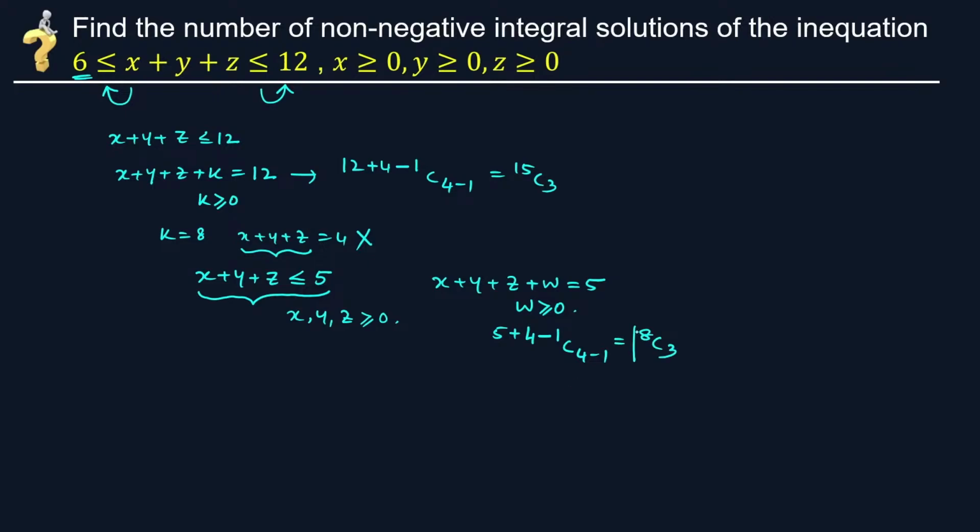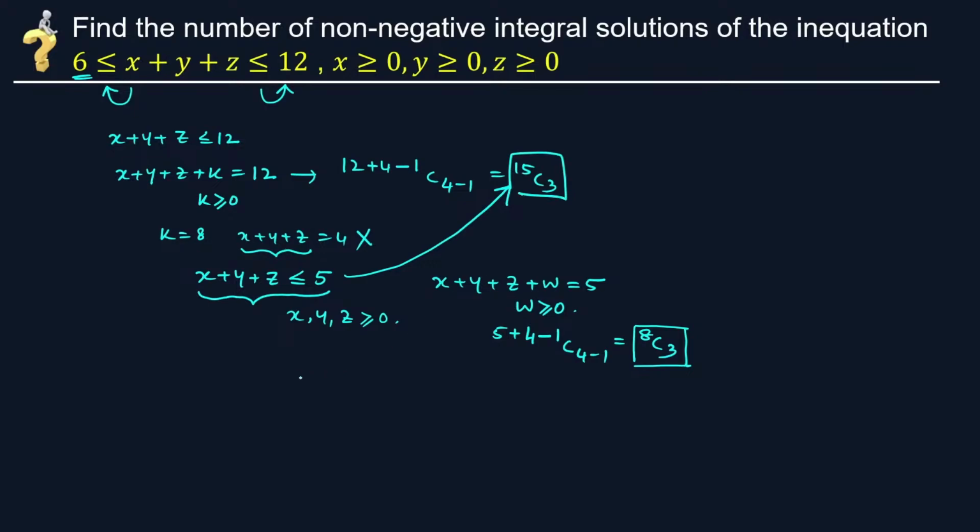And these 8C3 are the total number of ways in which the sum x plus y plus z is less than equals to 5, which has already been considered in this answer. The values which are less than equals to 5 are also considered here, but I don't want that.